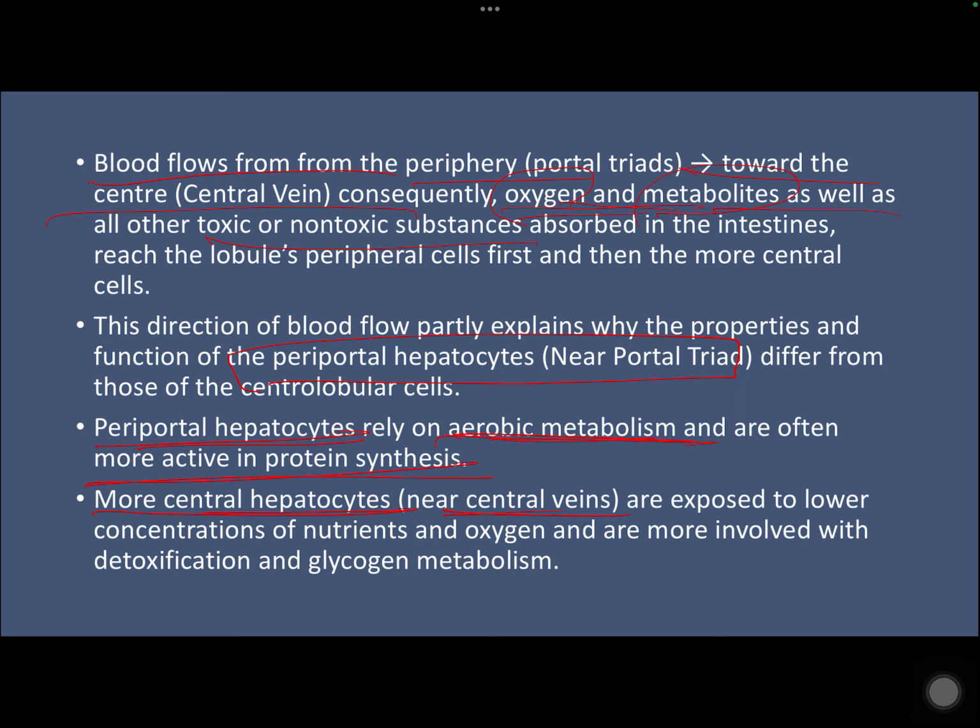They get oxygen and nutrients, but compared to the hepatocytes near the portal triad, they get less. That's why these central hepatocytes get a low concentration of nutrients and oxygen, and are mainly involved in detoxification and glycogen metabolism. So, clear?